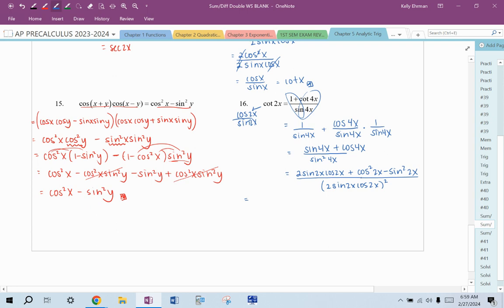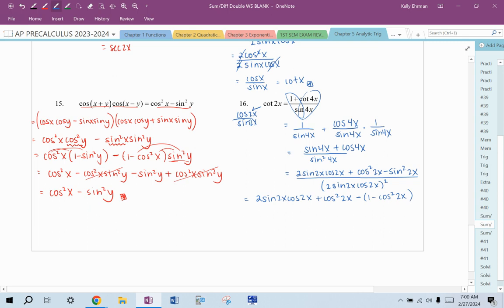Let's see, I want the cosine of 2x to be in the numerator here. So maybe I'll try getting rid of my sine squared of 2x. So 2 sine of 2x cosine of 2x plus cosine squared 2x. Let's replace sine squared with 1 minus cosine squared 2x.